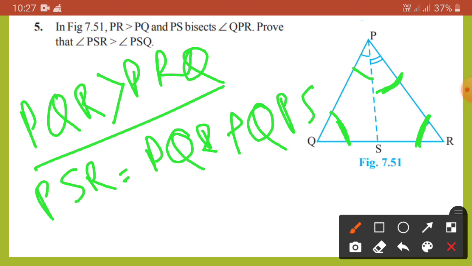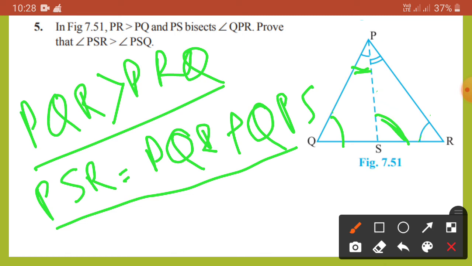PQR and QPS are the opposite interior angles of the exterior angle PSR.